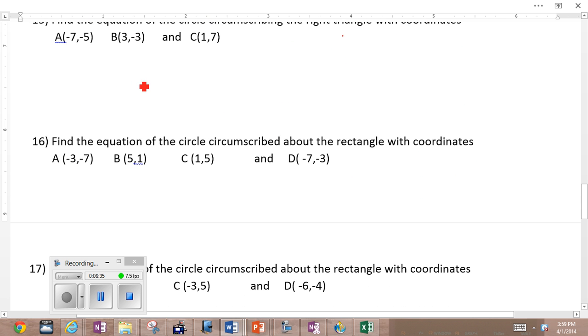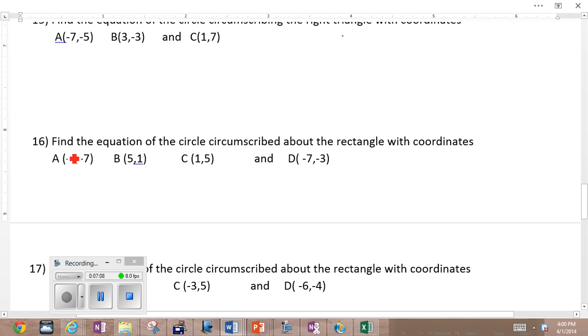Find the equation of the circle circumscribed about a rectangle with these coordinates. If it's circumscribed about a rectangle, then the diagonal of the rectangle should be the diameter of the circle. So if you plotted these, number 16, the segment AC should be the diagonal of the rectangle as well as the diameter of the circle.